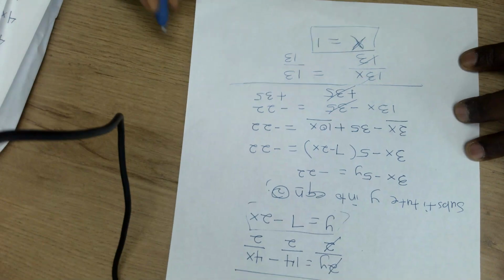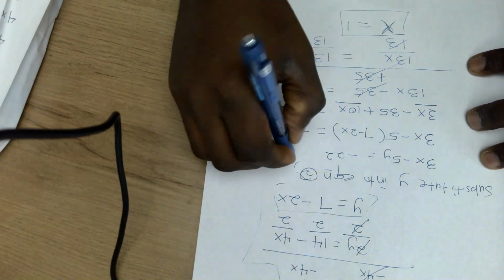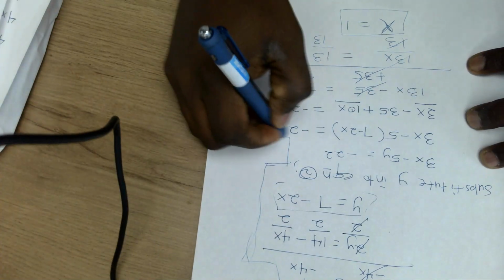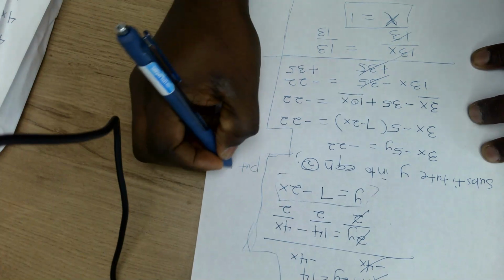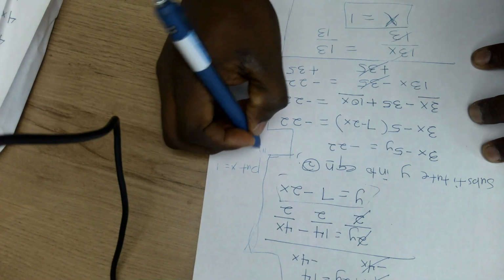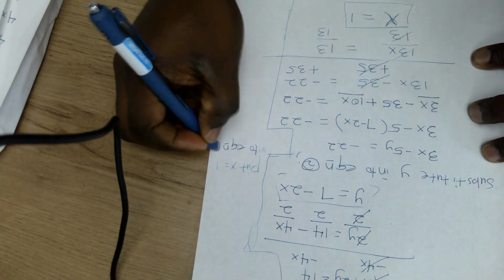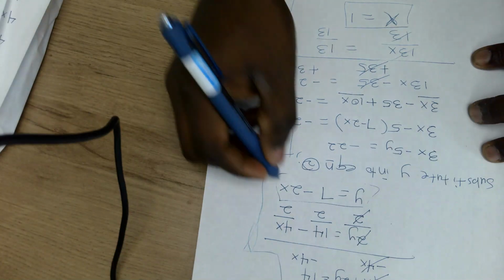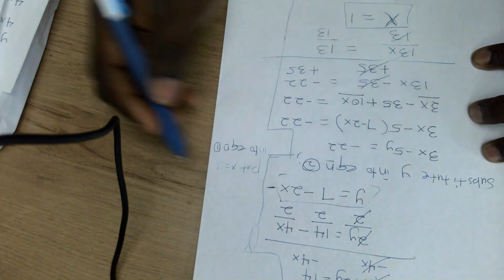All right, now at this point I want my y. So getting my y, I'll put x, which is equal to 1, into, let's say, equation 1. Okay, so I can even put it here, because y was already equal to 7 minus 2x.